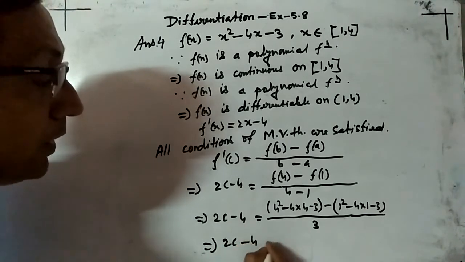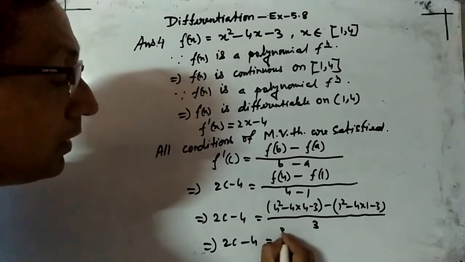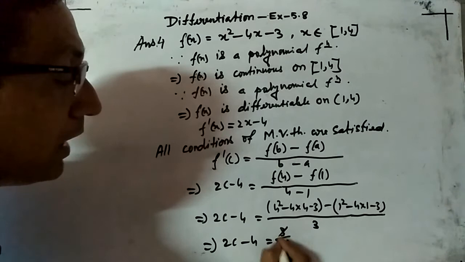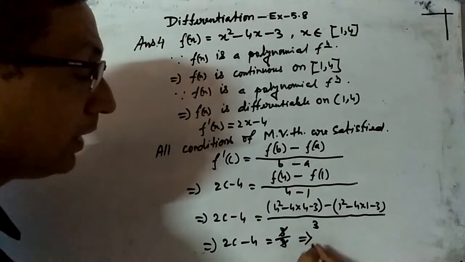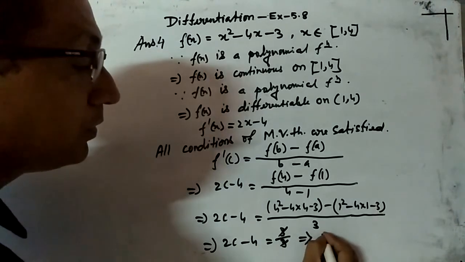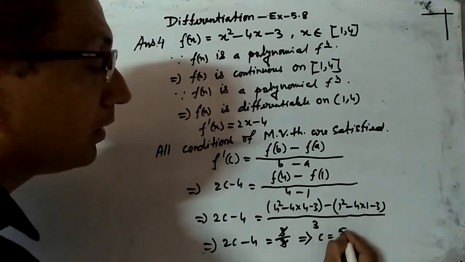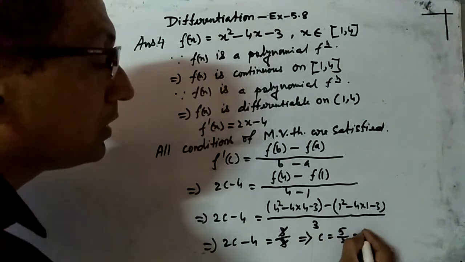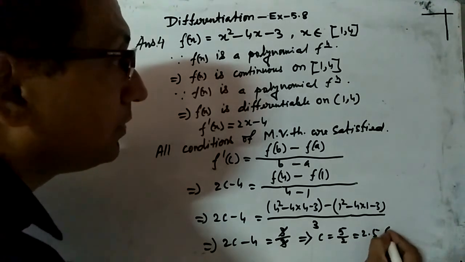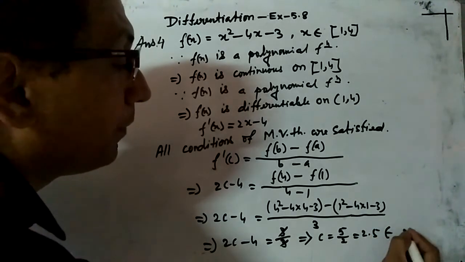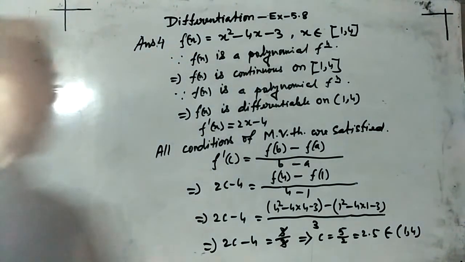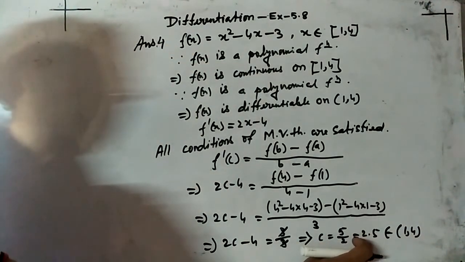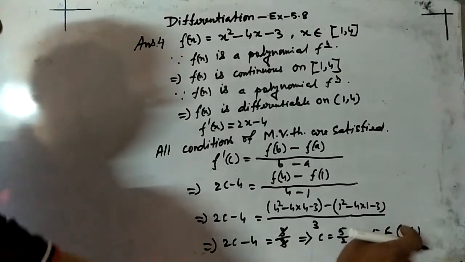So 2c minus 4 equals 3, and we get c equals 5 by 2, so this is 2.5 and it belongs to open interval (1, 4). That means we got 1 point which belongs to open interval (1, 4).